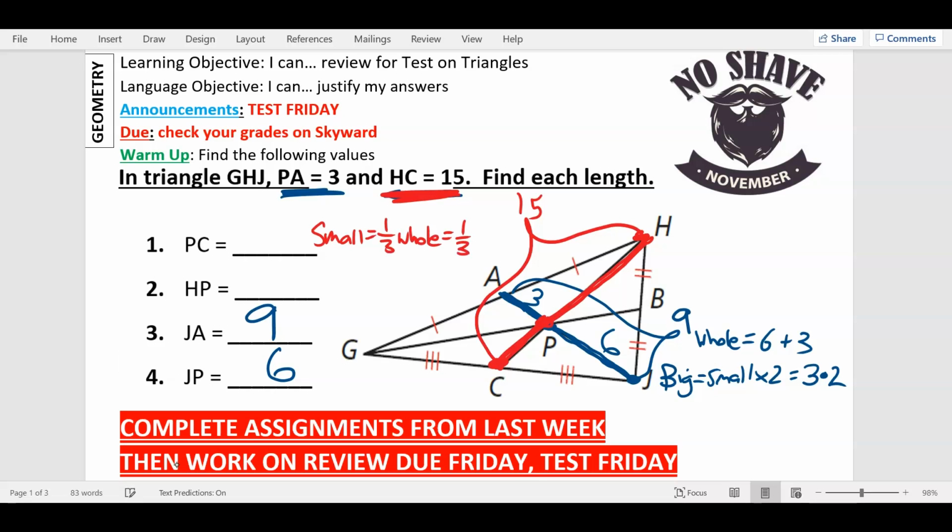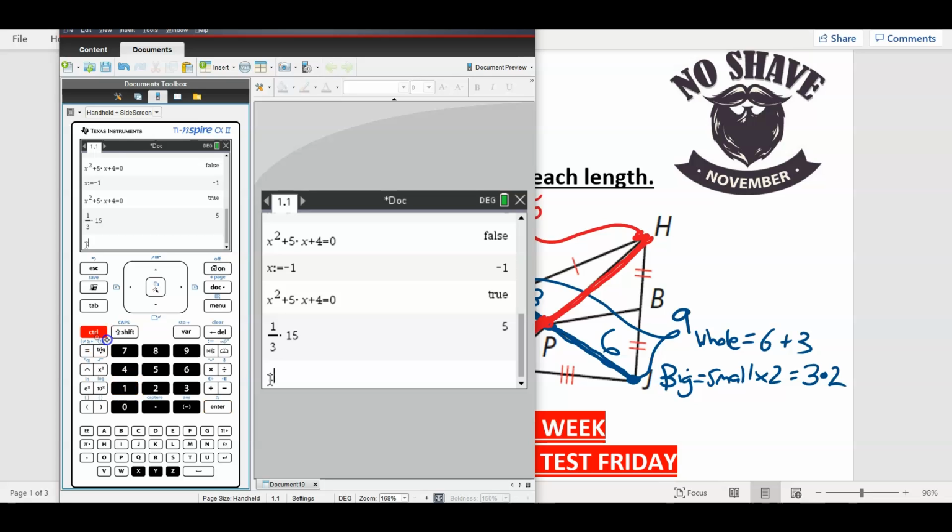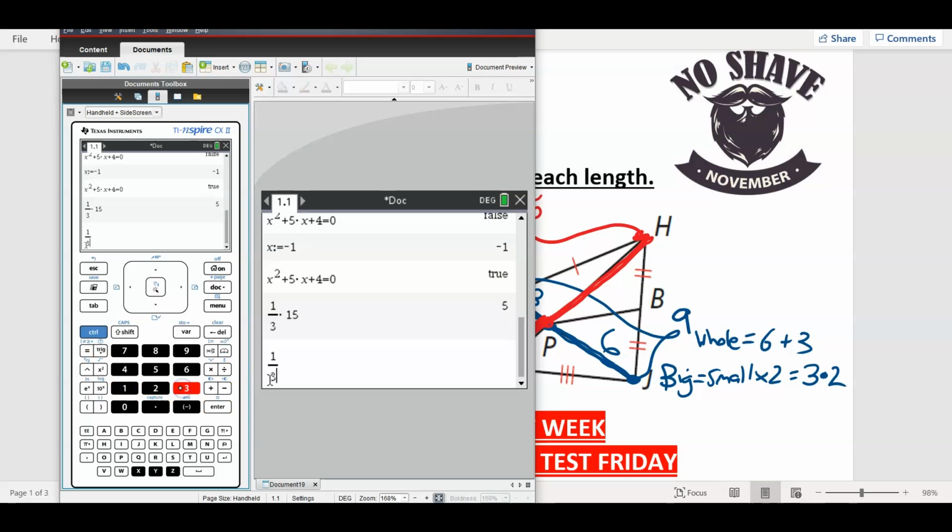So 1/3 of 15. Do y'all remember how to do 1/3 times 15? Here's how you do it in the calculator. 1, control, divide, 3, go to the right, times 15. We end up getting 5, right?